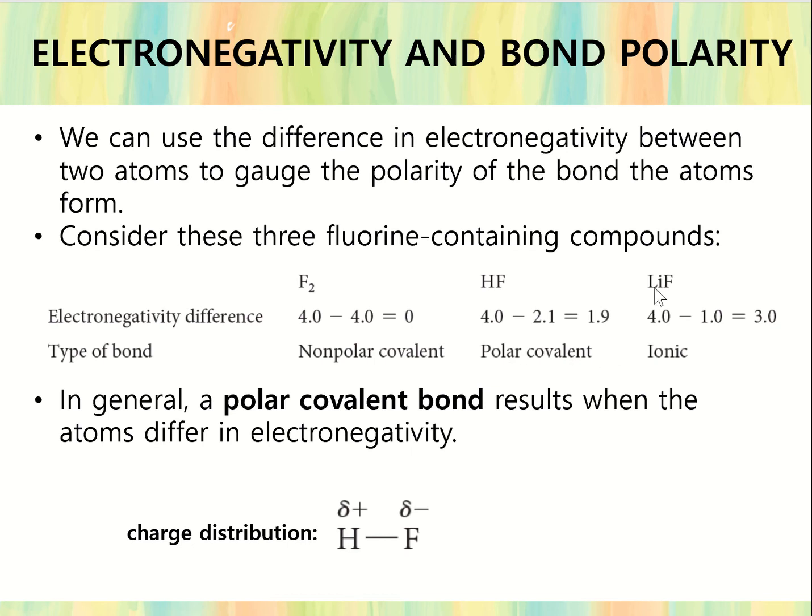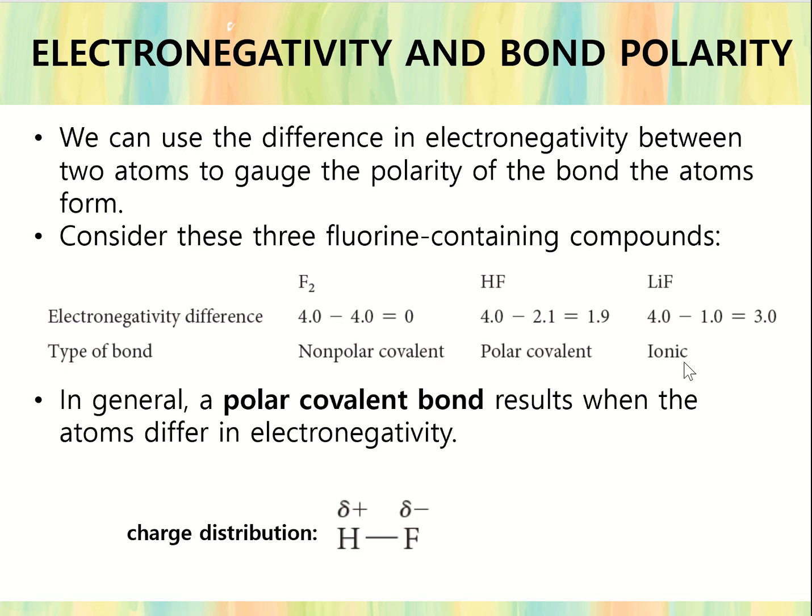Let's look at lithium fluoride: we have 4.0 minus 1.0, which is the value of electronegativity for lithium, and that difference is 3.0, and hence the type of bond is ionic, right?